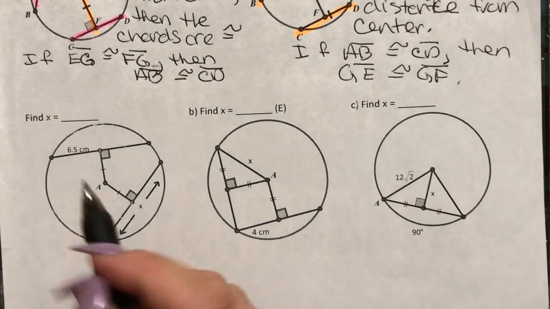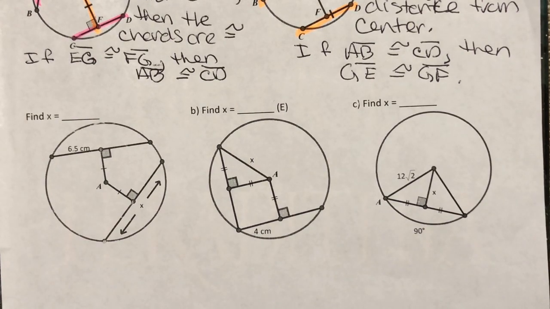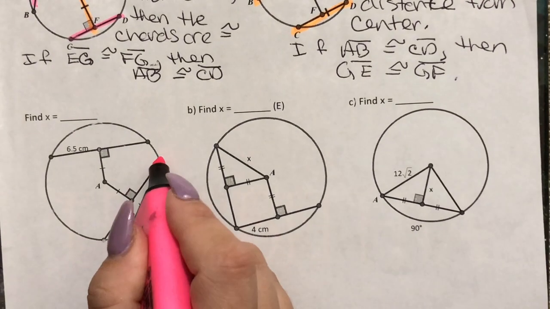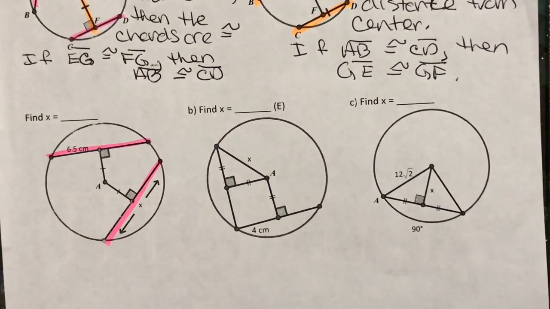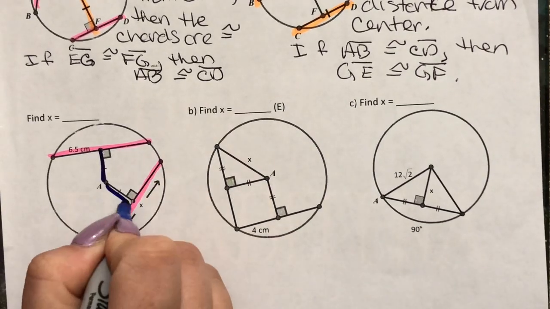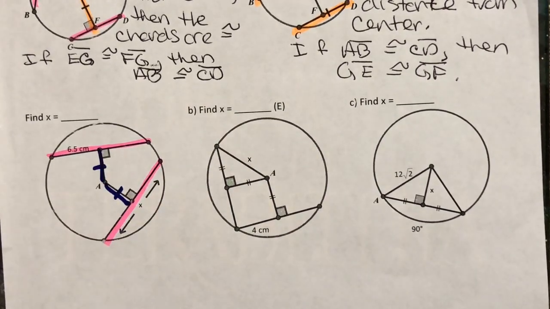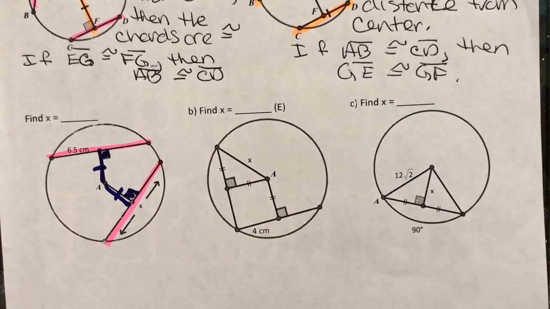So here I can see that I have some chords. I have these chords, and I can see that they are an equal distance from the center based on these segments here. They have the congruency there. And not only that, but they are perpendicular to the chords.